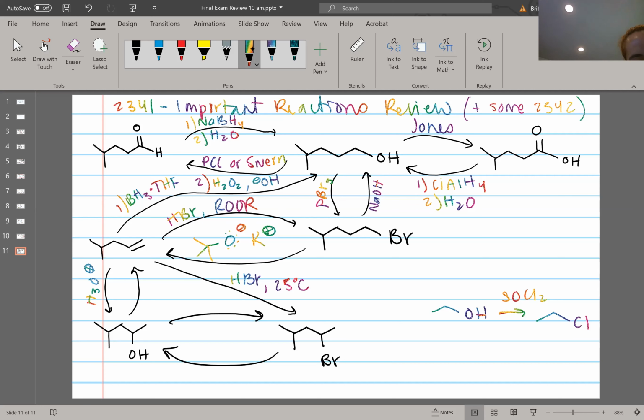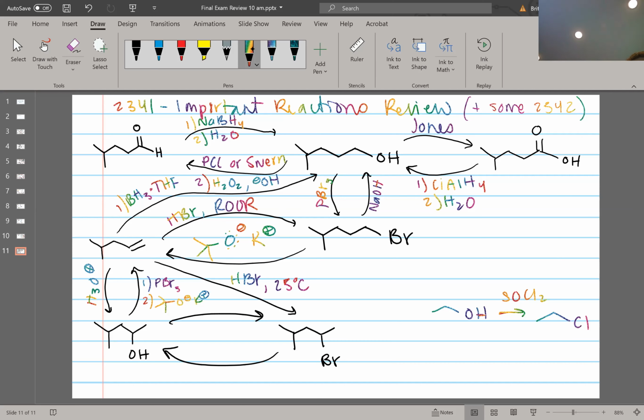Okay, and then from secondary alcohol to least substituted alkene, that's going to be really tricky. I probably wouldn't ask you to do that. I'm just going to go ahead and tell you what would be your best option here. It would probably be to turn it into an alkyl halide and then add in just a huge base.